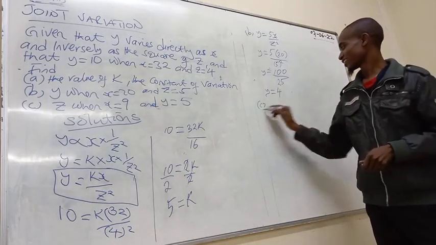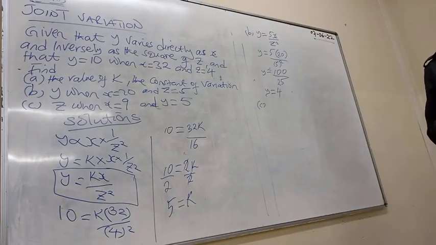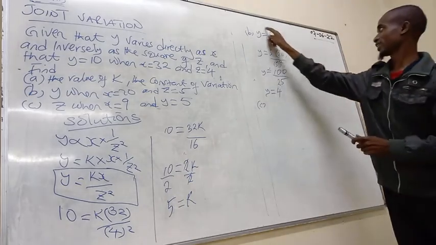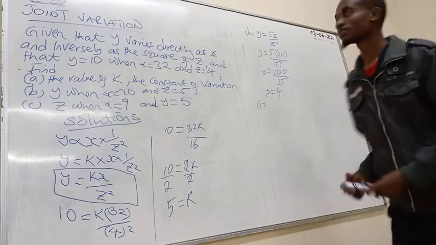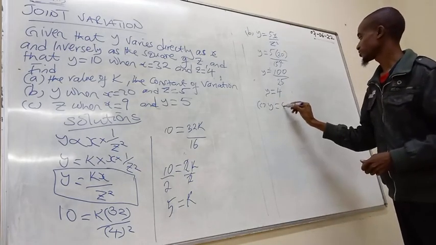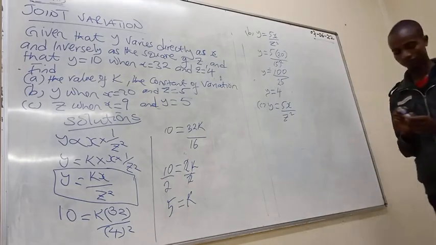Okay, the last part. Find z when x is 9 and y is equal to 5. Remember, you get this formula: y is equal to 5x over z squared.